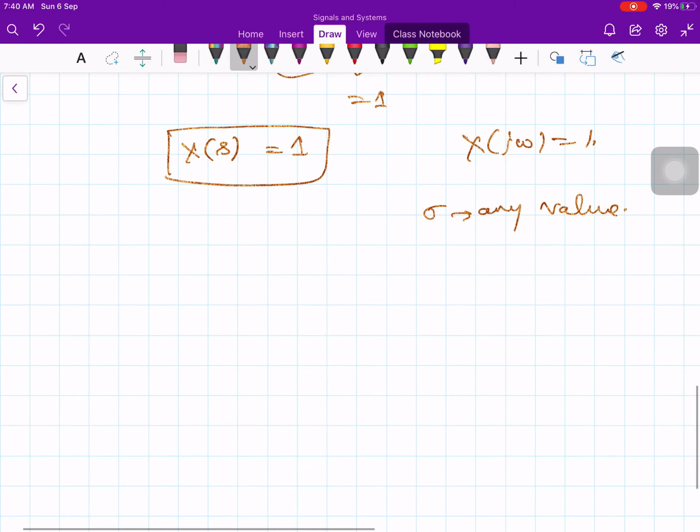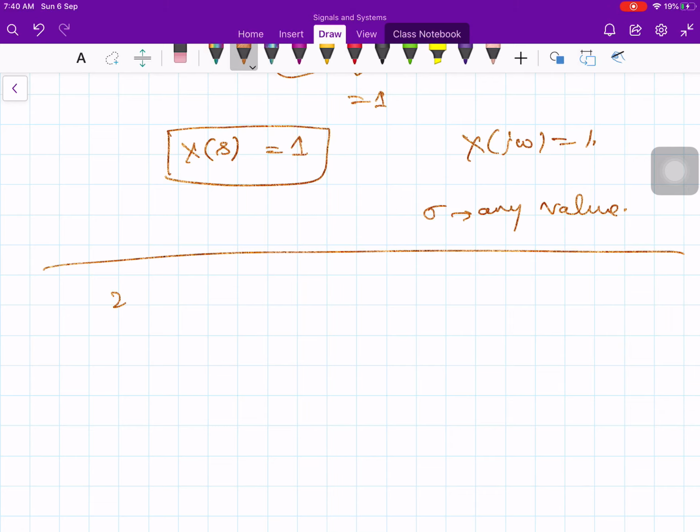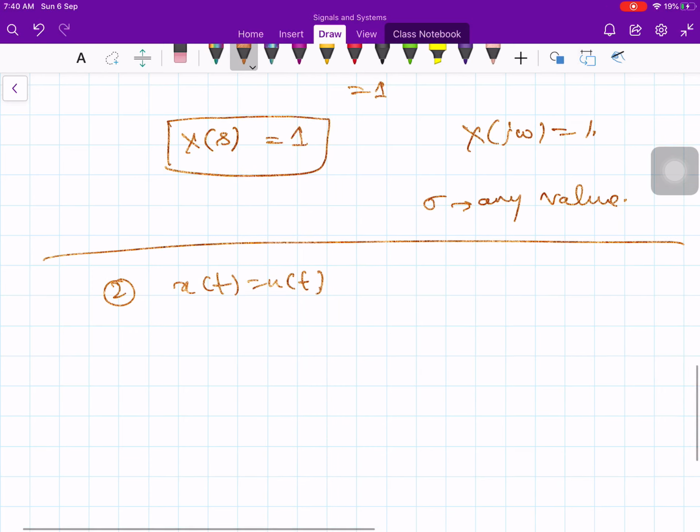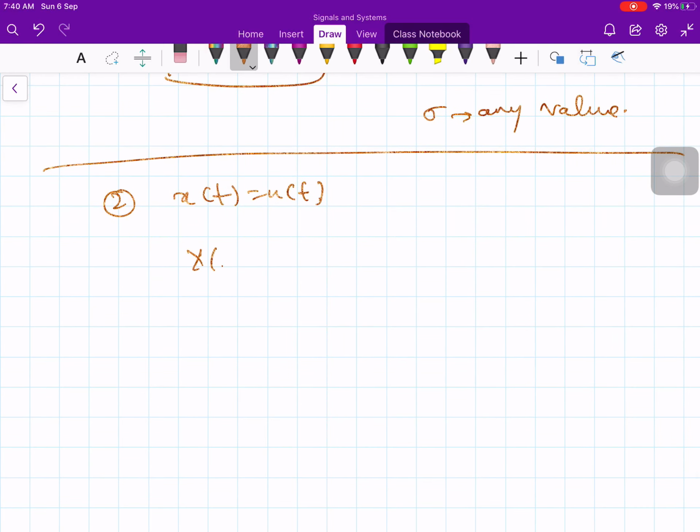Now, let us consider another example. x of t is equal to u of t. The Laplace transform is the integral from 0 minus to infinity of x of t e to the minus st dt. This is the definition. So x of t is equal to u of t, and u of t has a value 1.